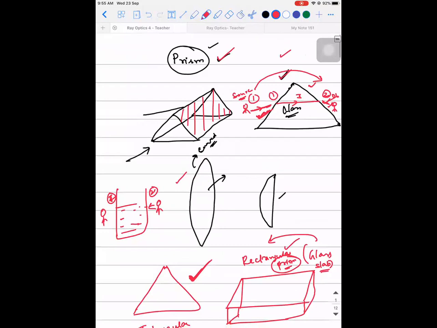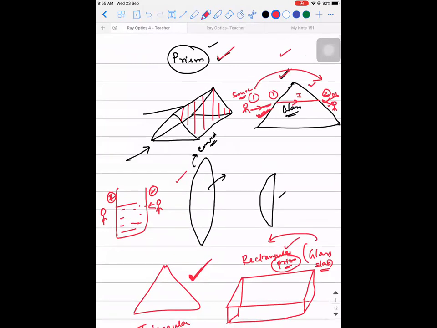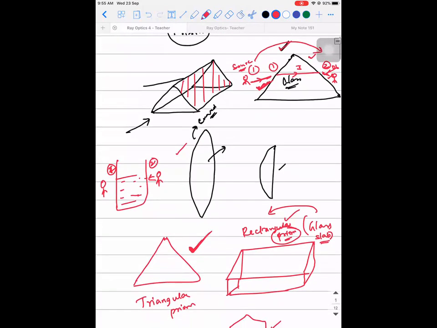So write down the definition in your own words with respect to a prism. If you want me to tell, I'll tell. Shall I dictate? Yes, sir. Yeah, write it down.